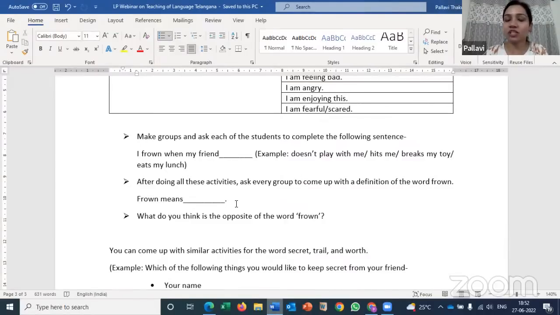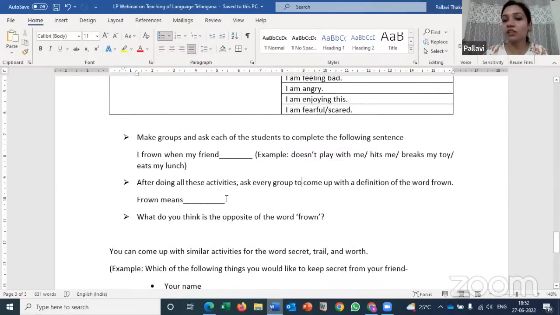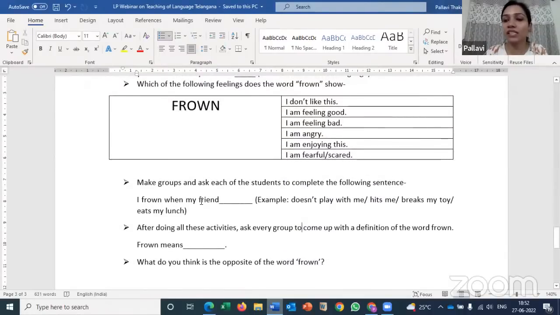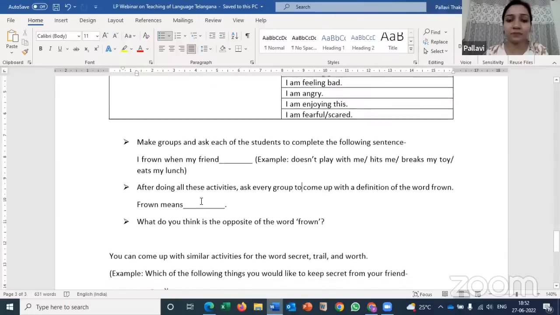They'll be able to help each other, and they'll be able to define the word. Frown means not feeling good, acceptable. Frown means sad, acceptable. And a little later, as you engage more with the word, you can perhaps go on refining the meaning to the extent that it resonates with the definition which is given in dictionaries as well.